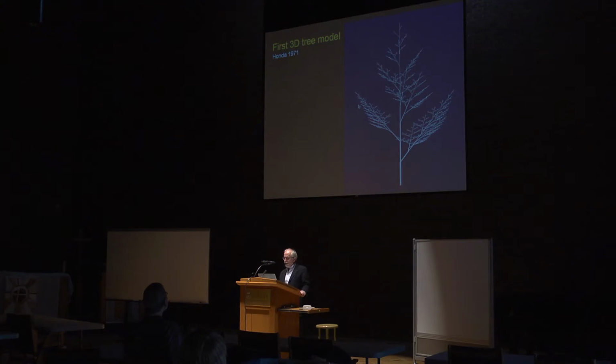The first idea by Hisao Honda was that trees are addressing the embedding problem by reducing the size of the branches. Honda created this model which is shown here. This looked great at the time, but if you look at this now, I would say that it looks more like the inflorescence of a grass than a tree.